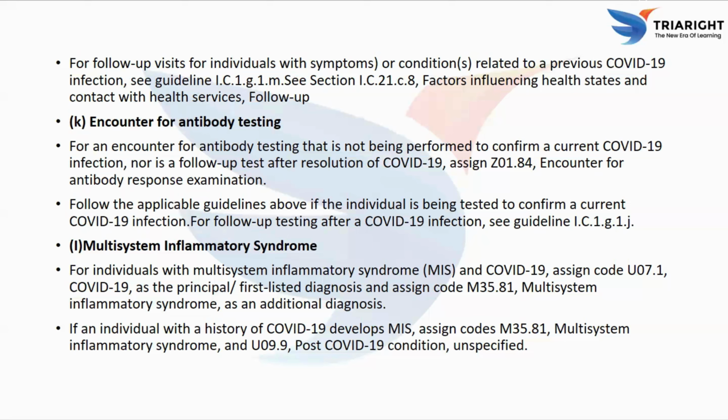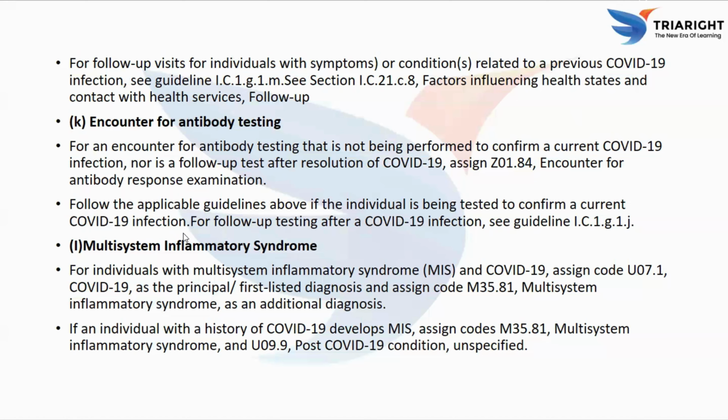Why is this important? An antibody test checks past exposure, not current infection. So you should not use COVID-19 infection codes unless the testing is linked to confirming an active infection. If the antibody test is done to check for an active COVID-19 infection, then follow the main guidelines for COVID testing, not Z01.84. This is how you code for antibody testing.